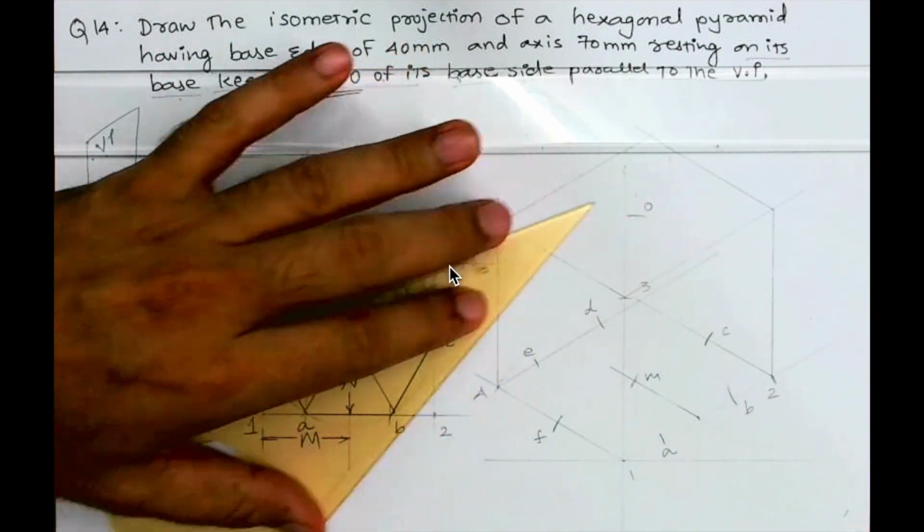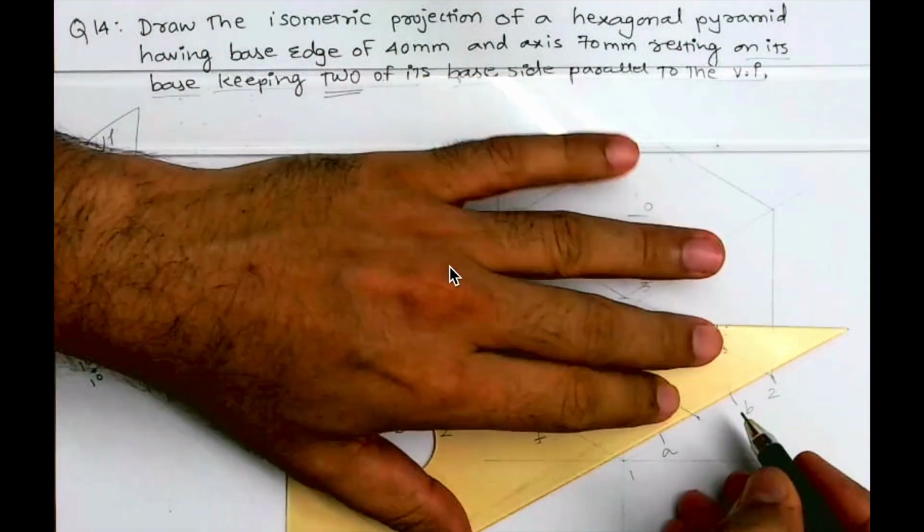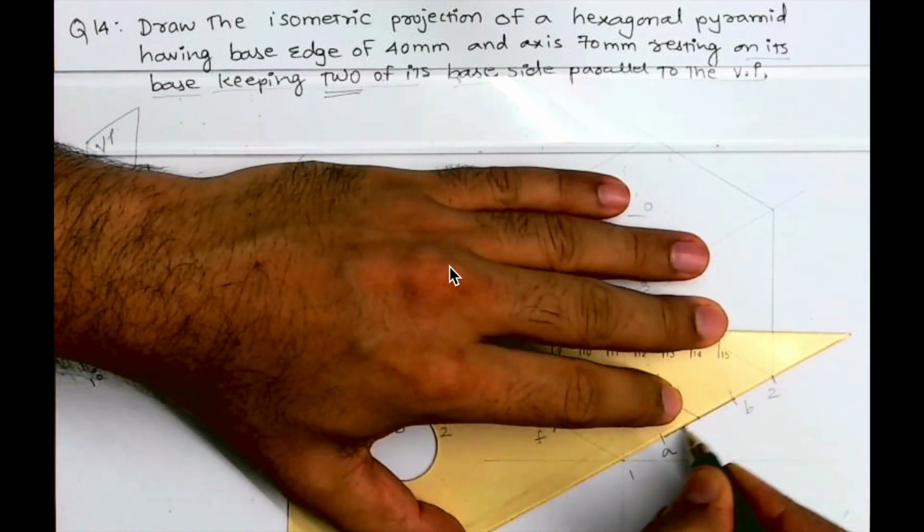And in that we need to remember which one will be dark, which one will be dotted. So always remember the extreme boundary will be dark.